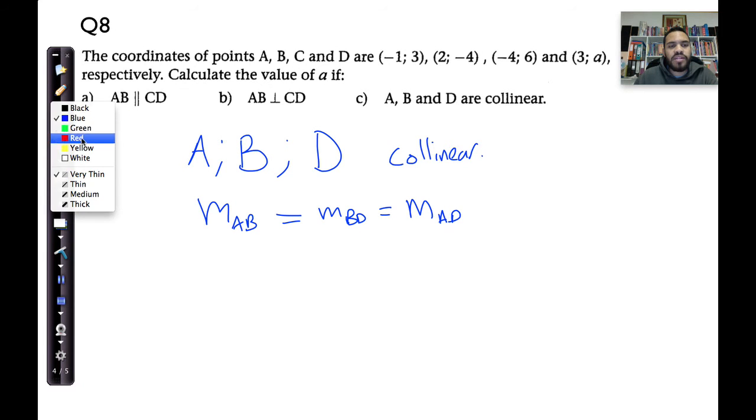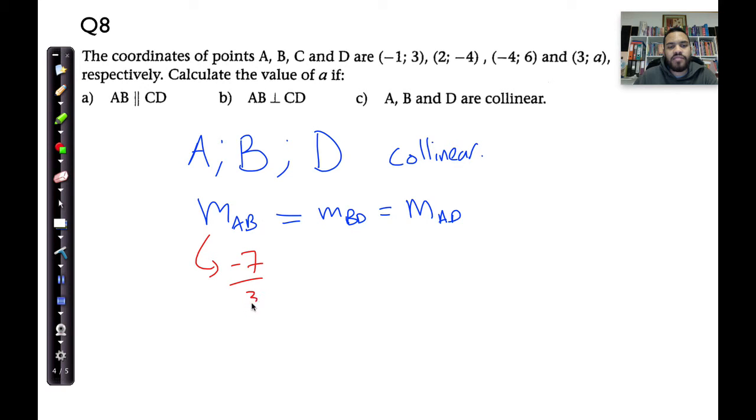Now we already know the gradient of AB is minus 7 over 3, which means this must also be minus 7 over 3, and this must also be minus 7 over 3. So I can take coordinates minus 1 and 3, and I can take 3 and A, and then I can equate it to this particular gradient.